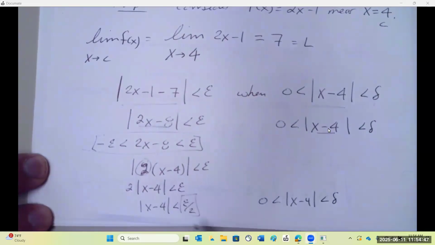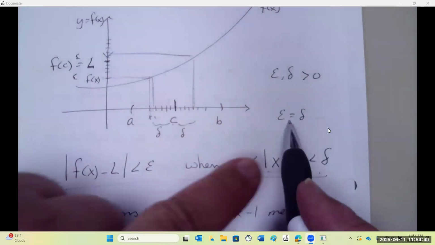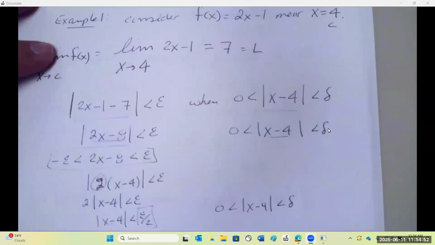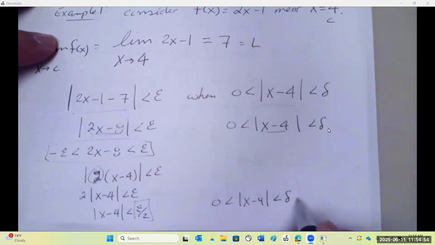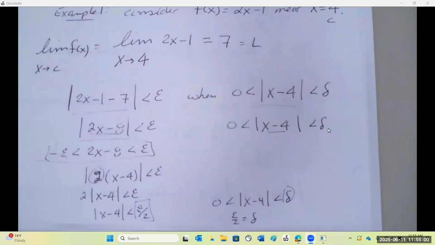Remember, ideally, they're equal to each other. So what happens here is epsilon over 2 is equal to delta.